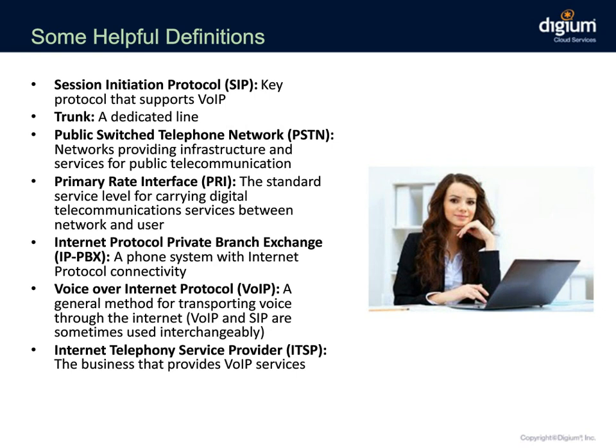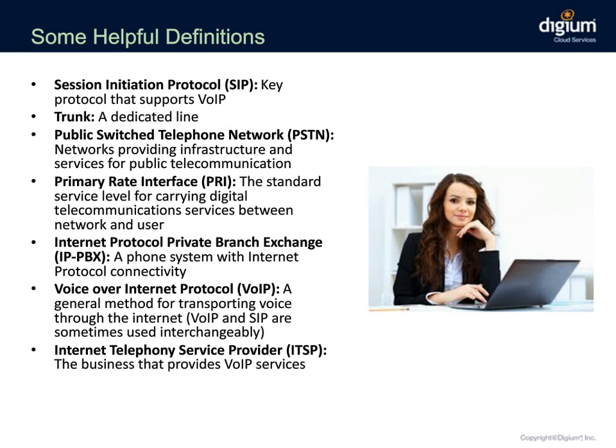I can make as many concurrent calls as I want to, and I pay per minute. Or I can pay by a channelized model. So for example, I would pay for 10 SIP trunks, and I could make 10 simultaneous calls on those SIP trunks, and I could make unlimited minutes on those SIP trunks. We'll talk about the differences between those and the advantages of one over the other in just a little bit. But those are the two ways that SIP is delivered today.